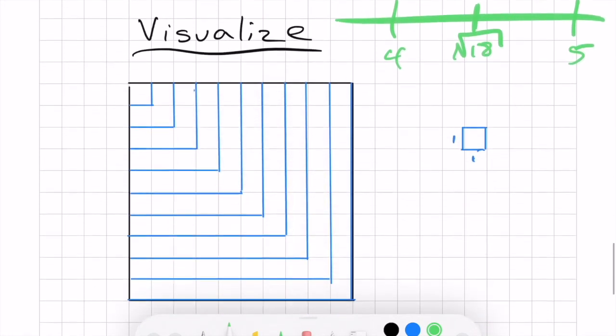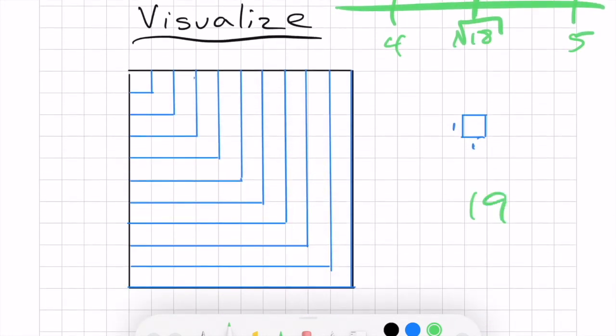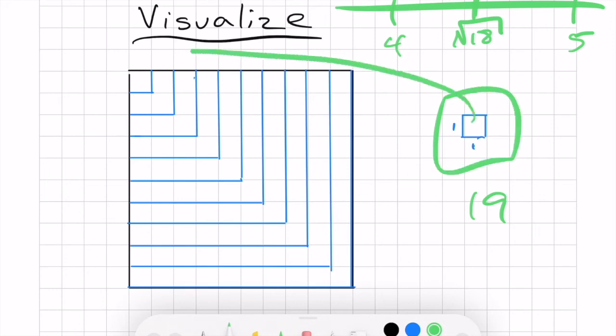Let's visualize this. Let's take the number 19. And I'm going to look at the square here. That's a 1 by 1 square. That square is right there, and that is 1 squared, right? This is 2 squared, 3 squared, right? If we look here, okay?